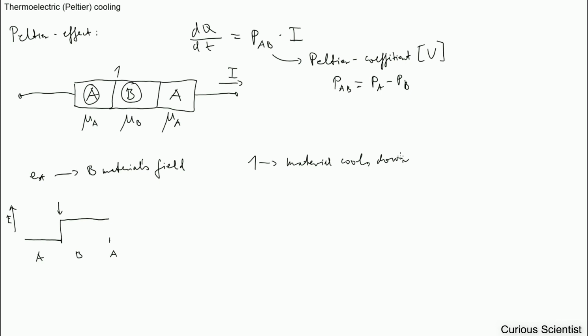and let me go through again. So in the A material you had mu A chemical potential, and in the B material you have mu B chemical potential.